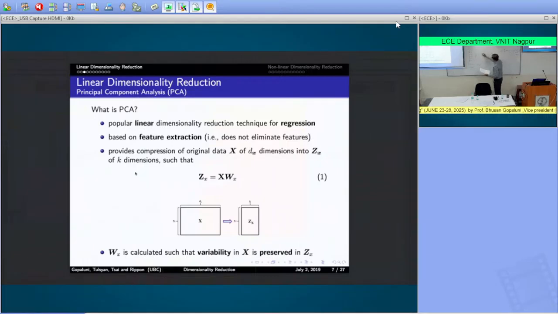Three axes, x1, x2, x3, and the data are on a hyperplane in 3 dimensions.